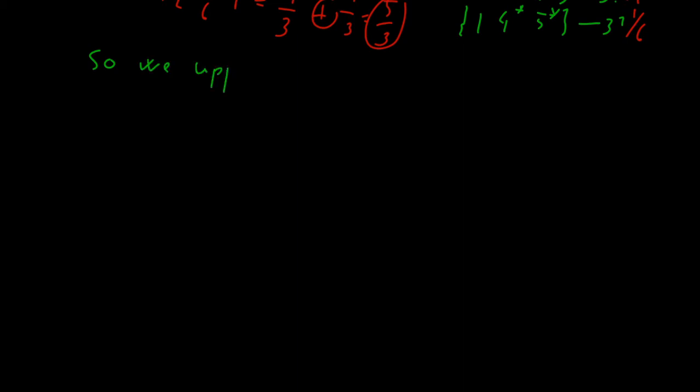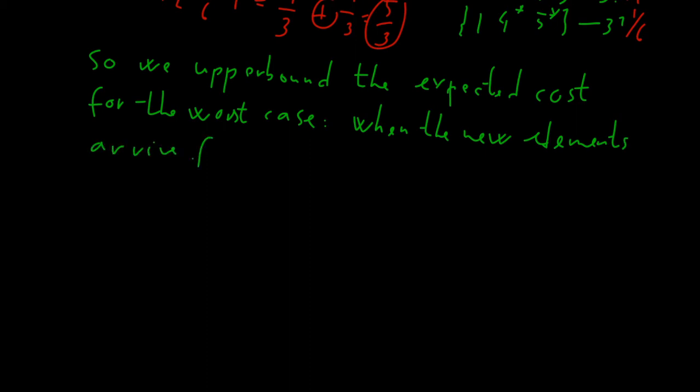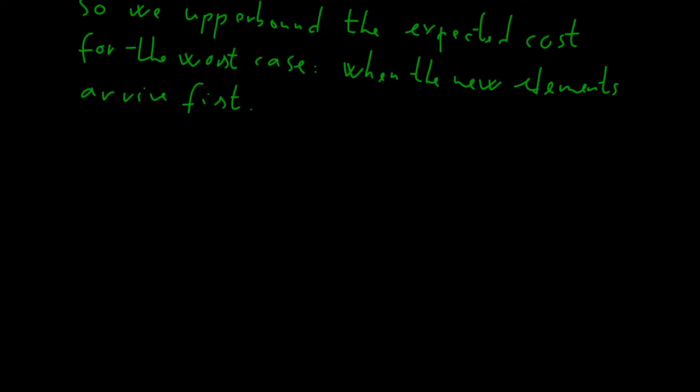So we upper bound the expected cost of the algorithm for the worst case, which is when the new elements arrive first.